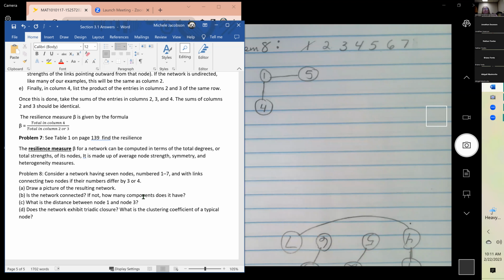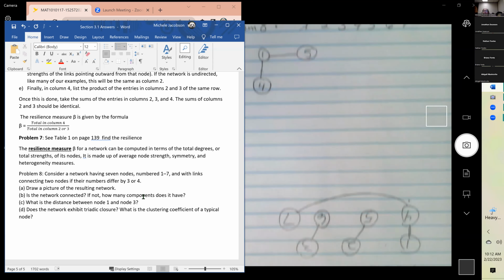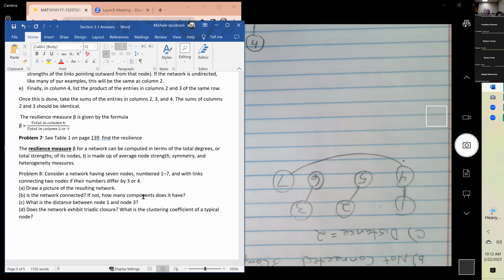And this one should end up connected. So it should be one component rather than the 3 like we had in this one.